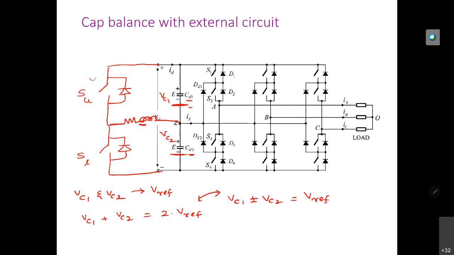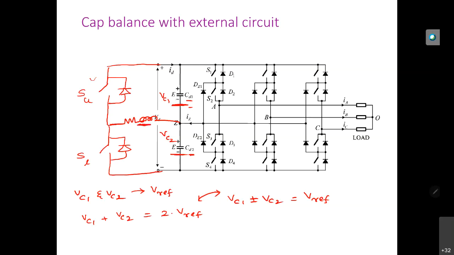So when you close the switch, how long will it stay closed? Until this voltage is equal to VC1, we need to turn on the switch. Now this contains some energy, right?